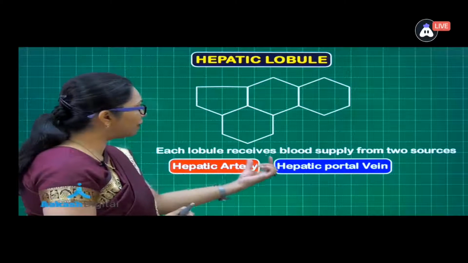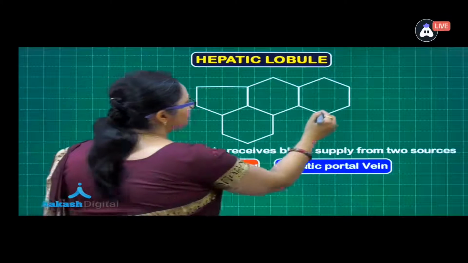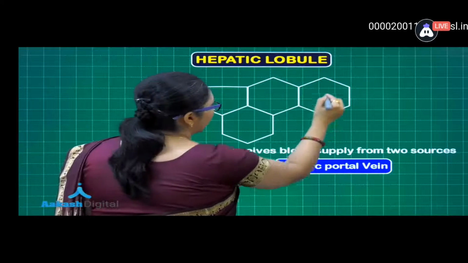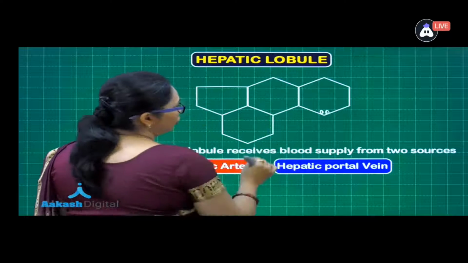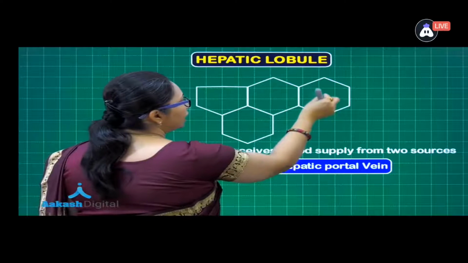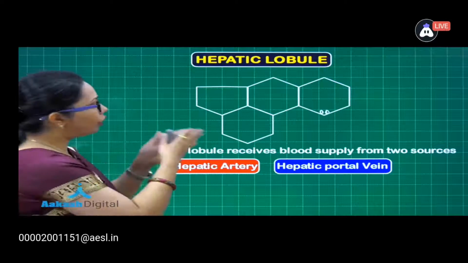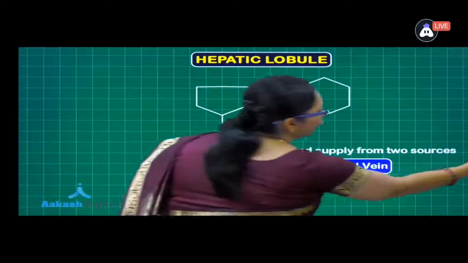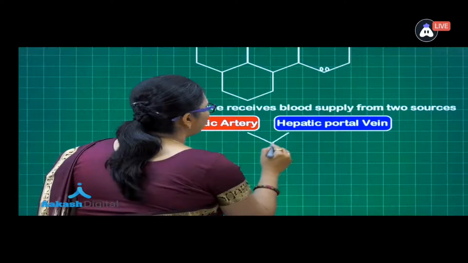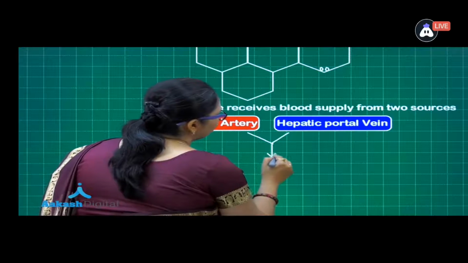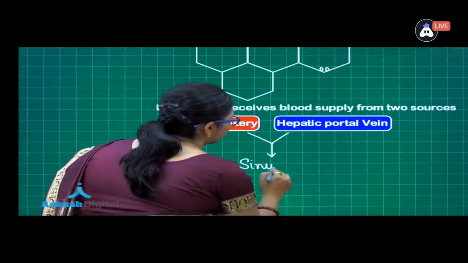Now, the branches of both the hepatic artery and hepatic portal vein can be seen at the vertex of each hepatic lobule, and they then lead into the interior of this lobule where they form sinusoids. So both of these are opening into special structures called sinusoids, like capillaries.